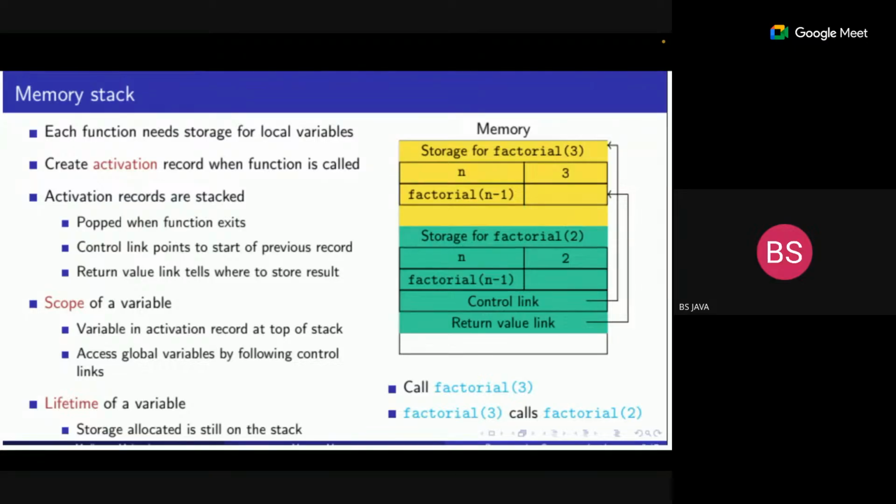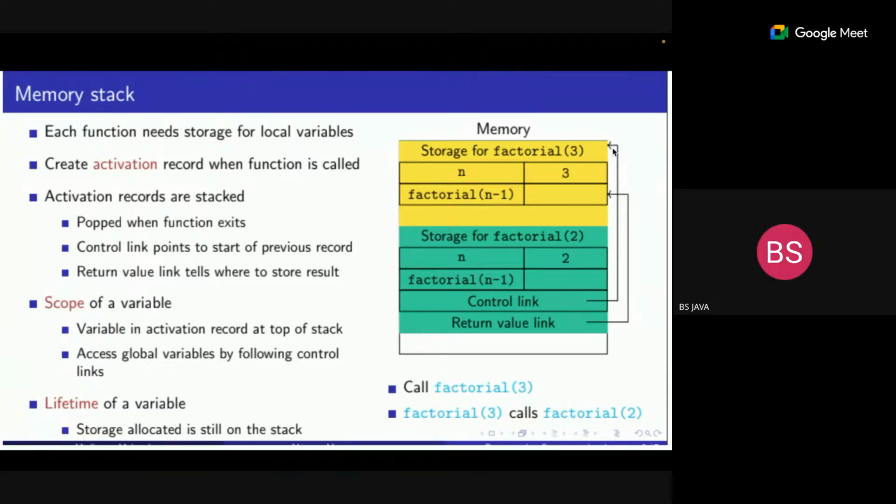As it is a recursive call, where we are relating one call over another, there should be a connection between these function calls, right? For that, we have the control link. This control link will point to the previous activation record, or the function which called it.